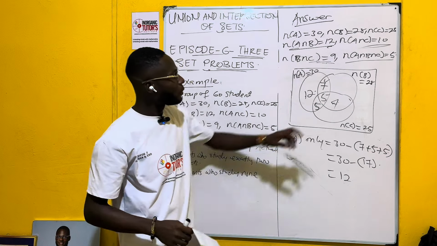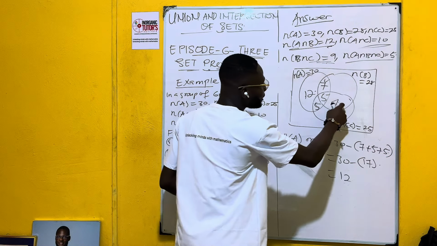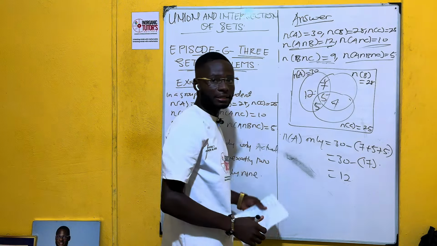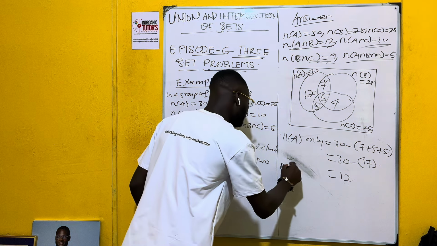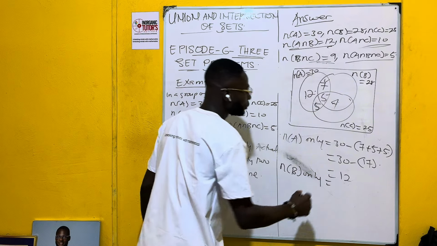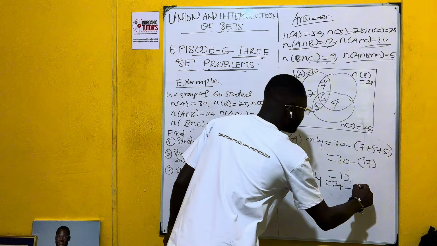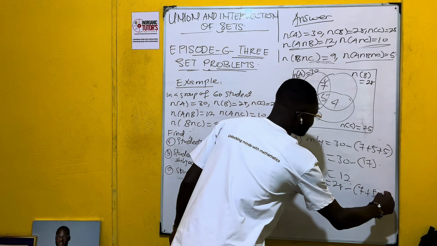Now, we need this part. So we sum all these ones, then we take it from the 28. So the number of B only is equal to 28 minus (7 plus 5 plus 4).